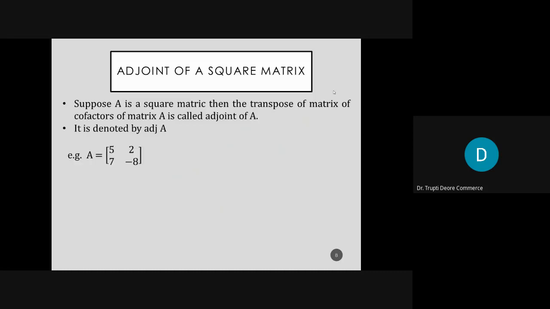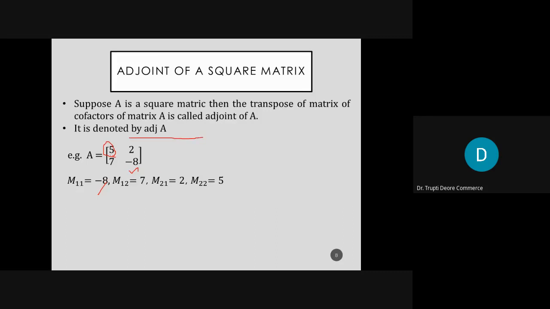For example, there is a matrix 5, 7, 2, -8. It is a 2 by 2 matrix, so it's easy to calculate minors. The minor of 5 is -8. Always remember that you have to calculate the minors or cofactors in row sequence.